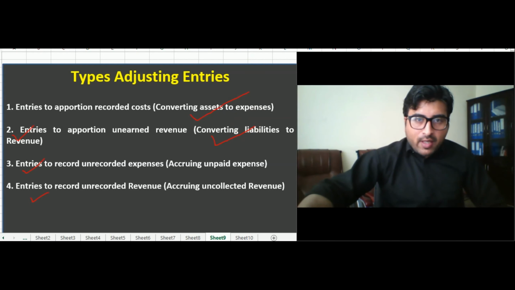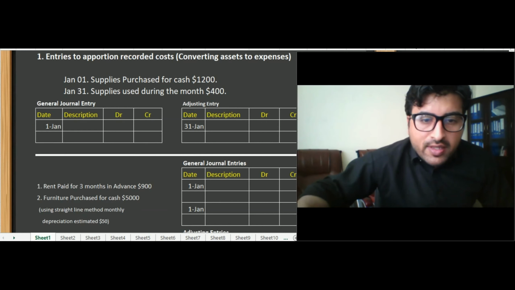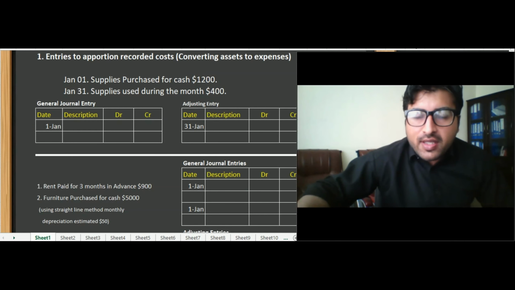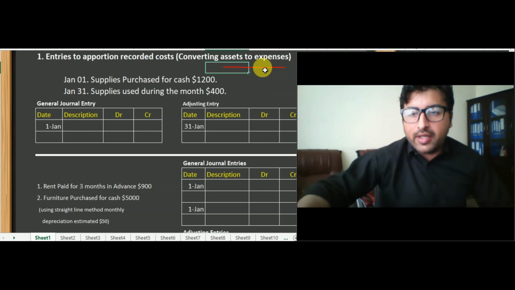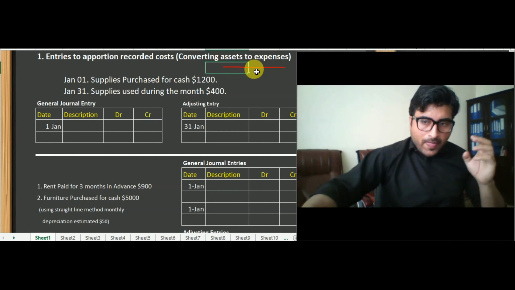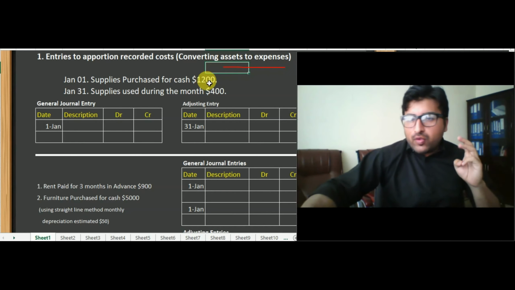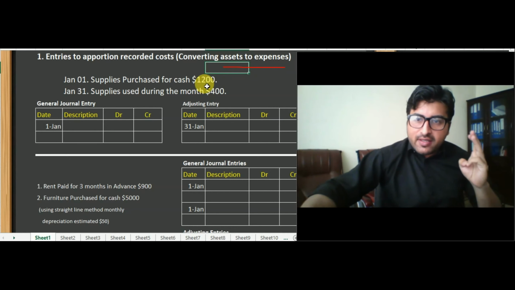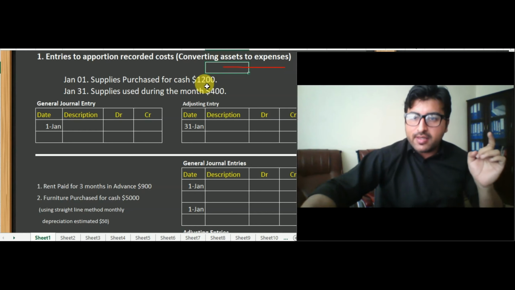So let's come here. Dear students, the first type of adjusting entries we have is entries to apportion recorded cost and converting assets to expenses. So we have assets, right, and expenses. For example, if you have fixed assets in your business like land, building, computers, equipment, furniture, right?